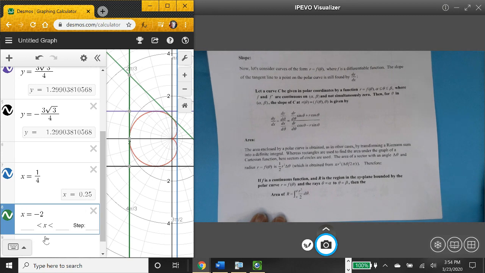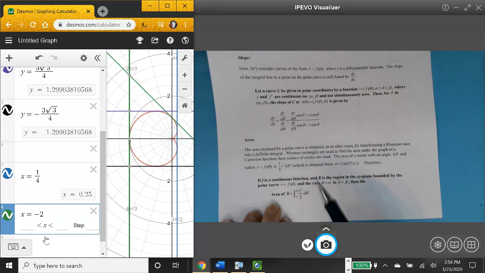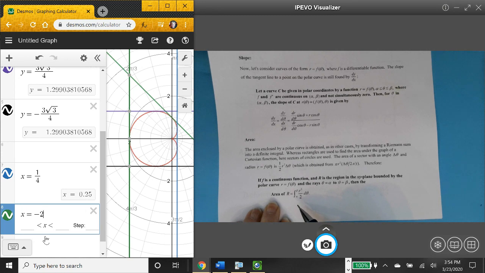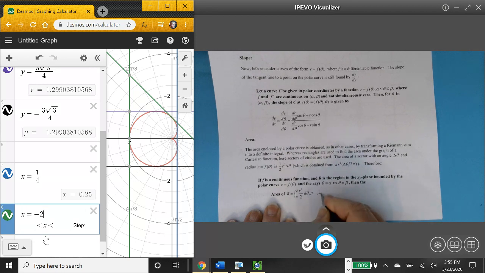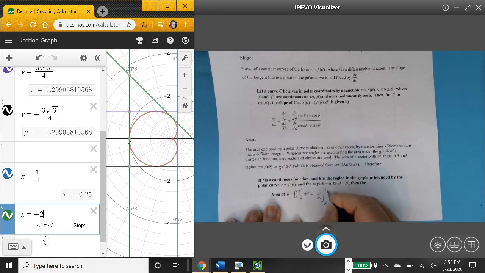And then it talks about the area inside a polar curve as the integral from alpha to beta of r squared over 2 d theta, and of course that equals 1/2 the integral from alpha to beta of r squared d theta. And what's the difference?